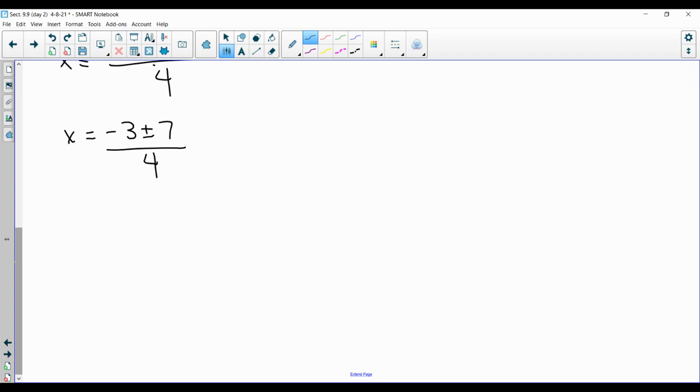And so that gives me -3 plus 7 over 4 and -3 minus 7 over 4. And then again, watch how you enter this in your calculator, because if you just type it all in and you're careless, you're gonna end up getting an incorrect answer.